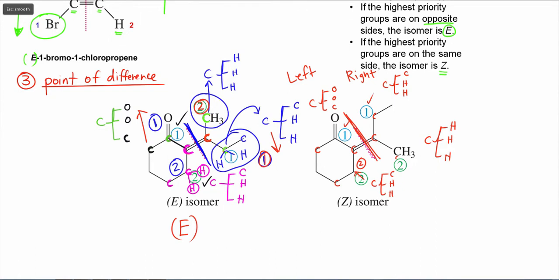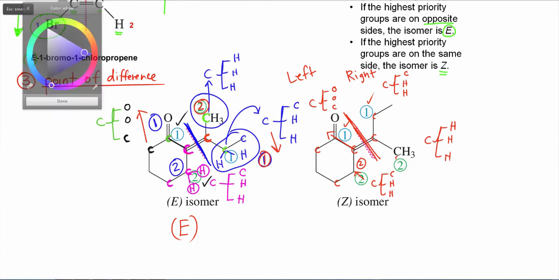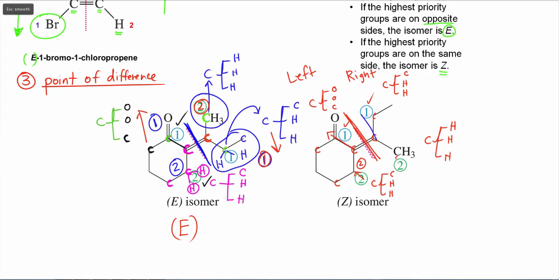I see that priority 1 is going in this direction on that carbon, and priority 1 is going in that direction on that carbon. So that's going to give me the Z configuration.